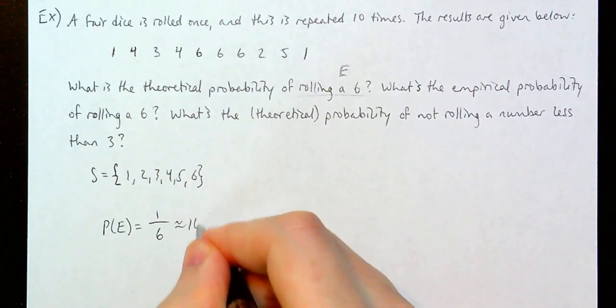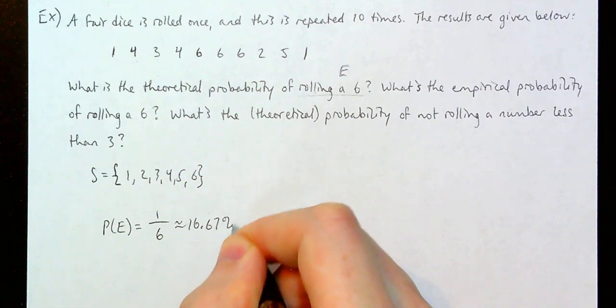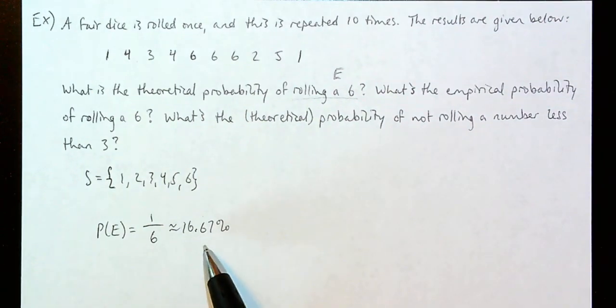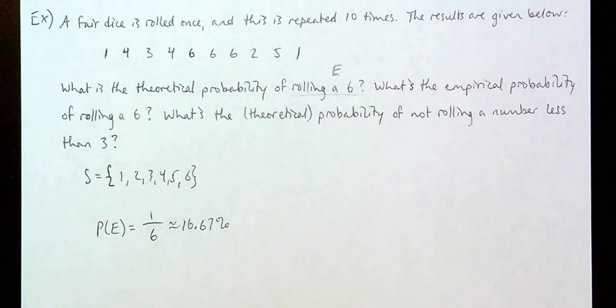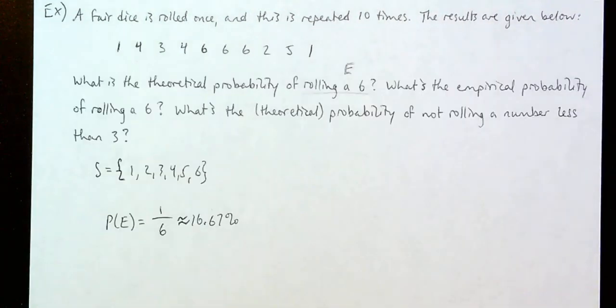And if you convert this to a percentage, you get about 16.67%. This is rounded to 2 decimal places. What you actually get is 16.666666 repeating all the way through. So somewhere near there. But this is the probability of rolling a 6 without doing any trials whatsoever.